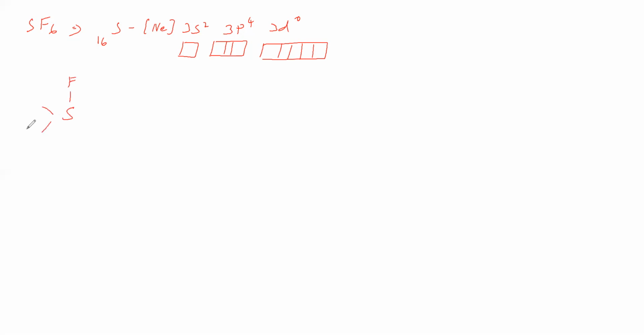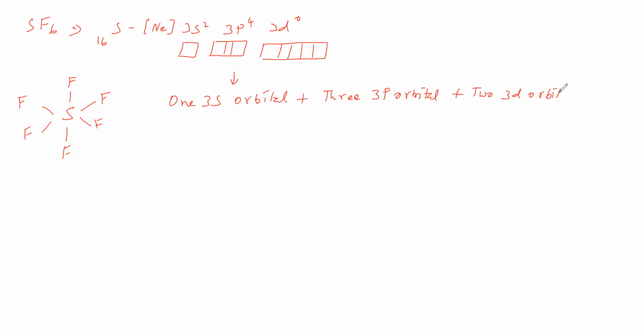As per valence shell electron pair repulsion theory, SF6 has an octahedral shape. This sulfur has six bonds. Therefore, from the valence shell of sulfur, one 3s orbital, three 3p orbitals, and two 3d orbitals undergo intermixing.